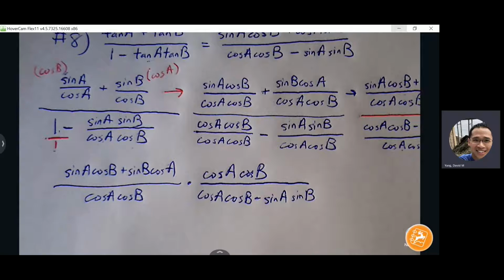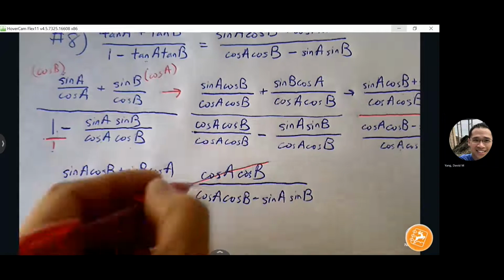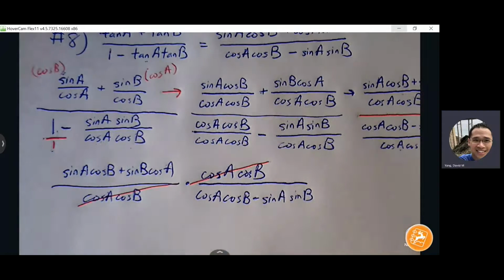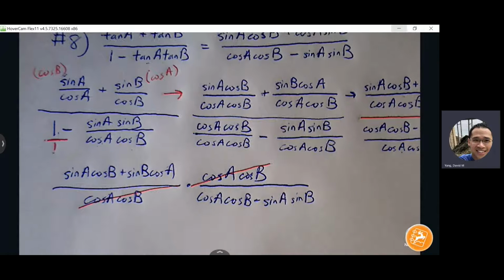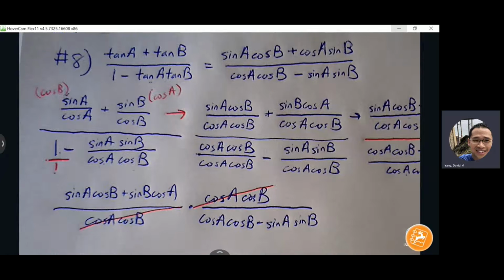All right, anything go away nicely for us? And if I put the resulting terms under one fraction, is that going to match my answer? Yes.